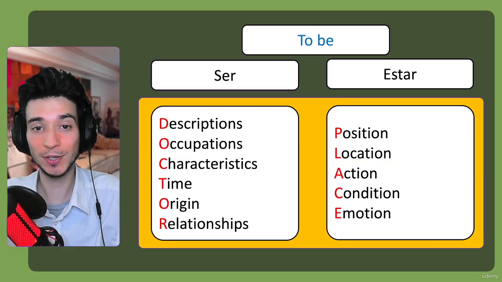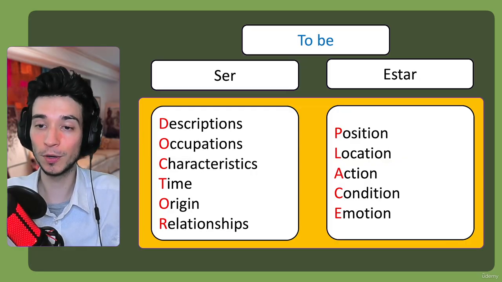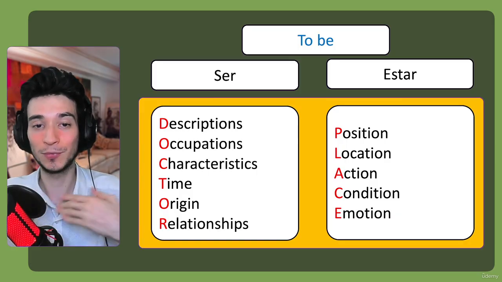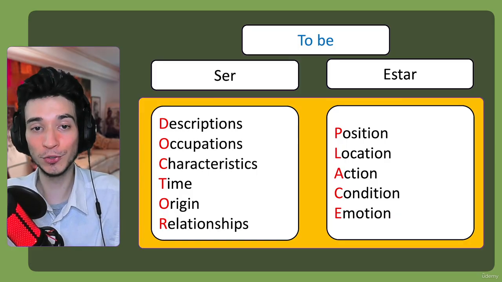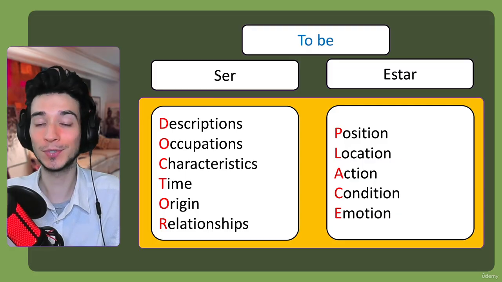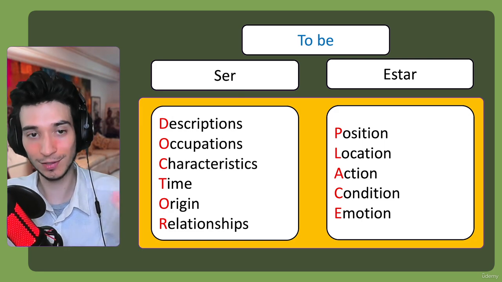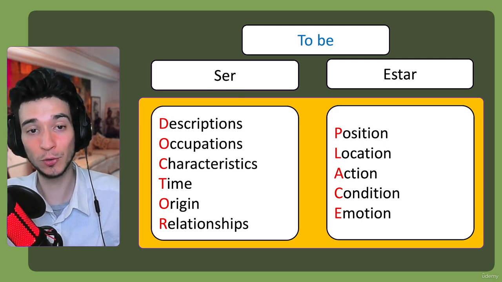Origin: for example, if you're from Mexico, soy de México. We do not say estar de México. We use soy, I'm from Mexico. We also use it for relationships. For example, if you have a girlfriend, ella es mi novia.